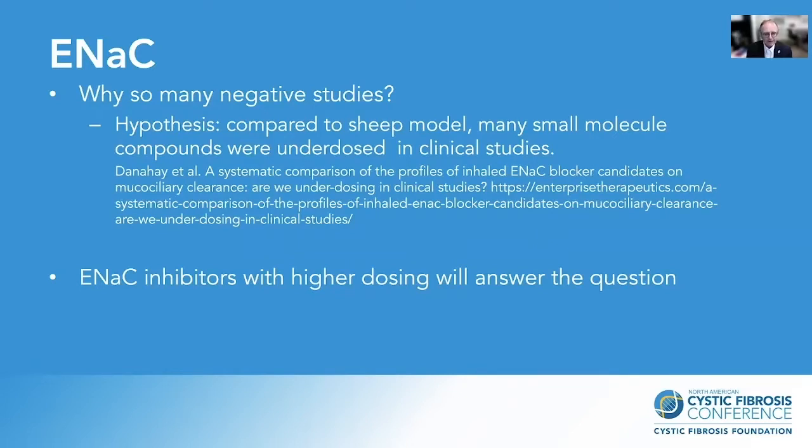And if they had been dosed higher, and that was probably prevented by toxicology studies, they could have had an effect. This is a hypothesis, and we will have to wait until additional studies are presented where dosing has been increased, and then hopefully showing an improvement in mucociliary dysfunction in cystic fibrosis.